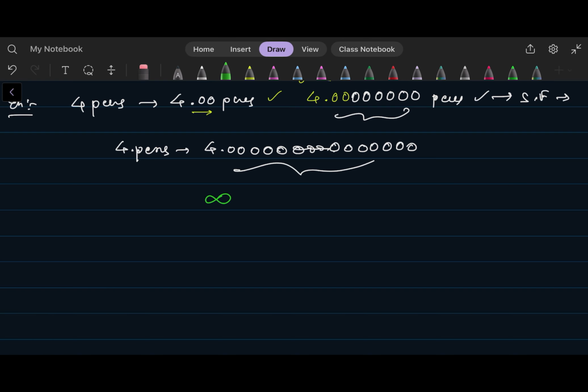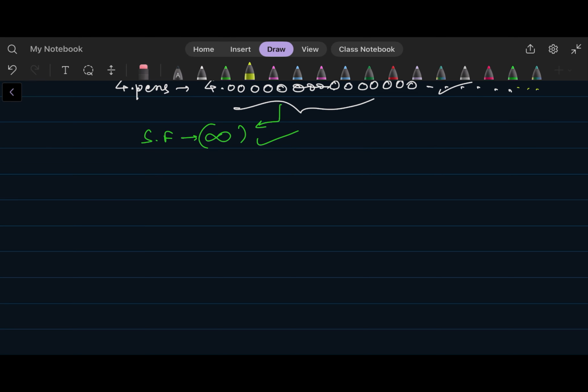Therefore infinite zeros you can write. So for this fixed or exact number, we keep on writing and are not going to finish. Infinite times you can write. Therefore the significant figures is infinite. Like that we have to understand.